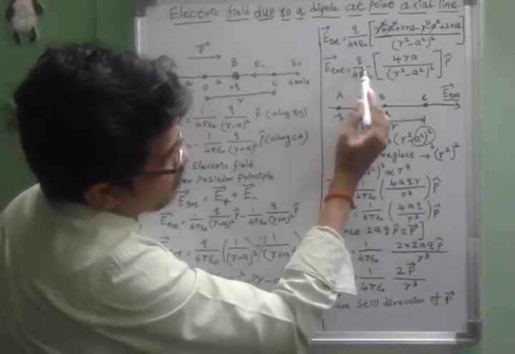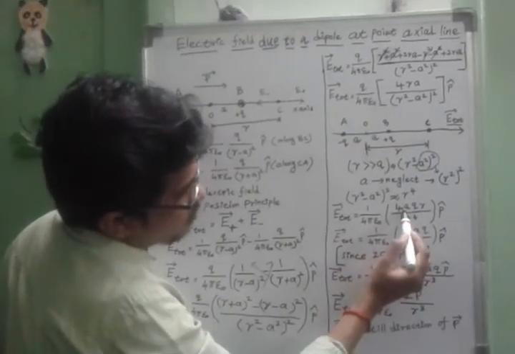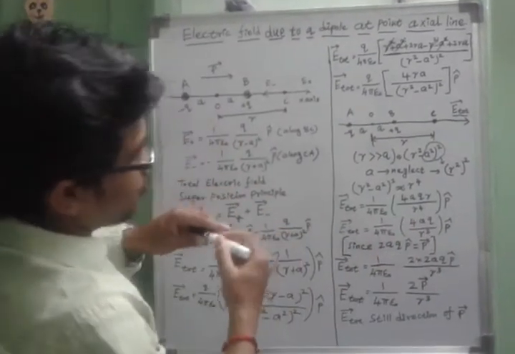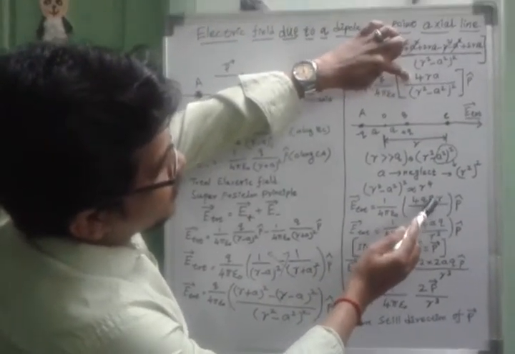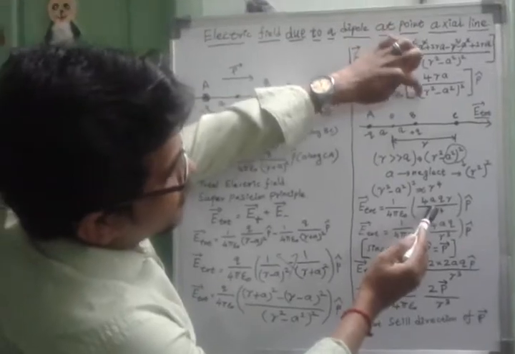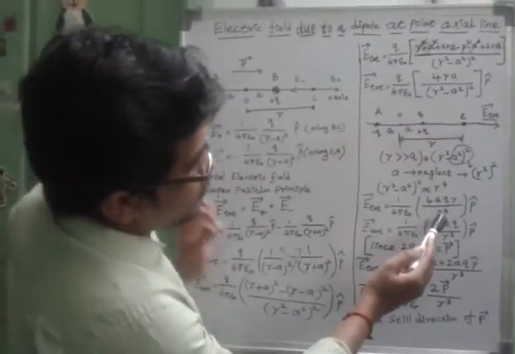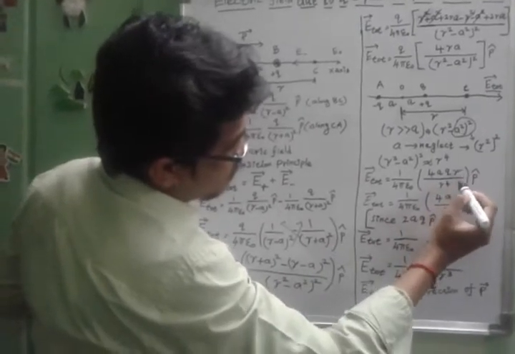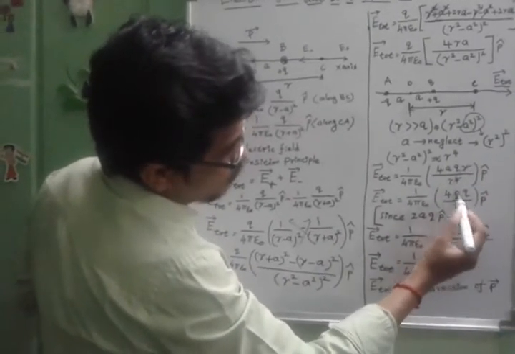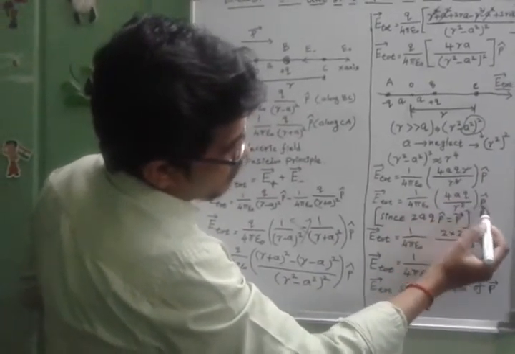So E total equals q by 4 pi epsilon naught times 4ra over r power 4; r cancels, leaving r cube, so 4a over r cube, p cap.